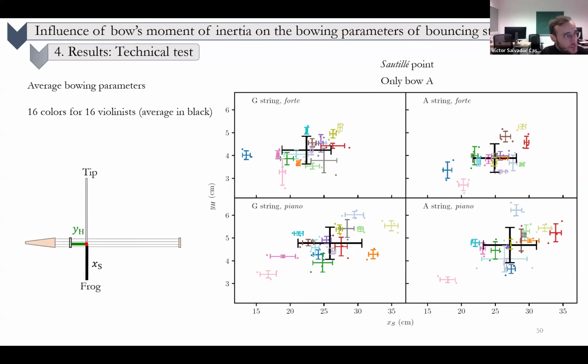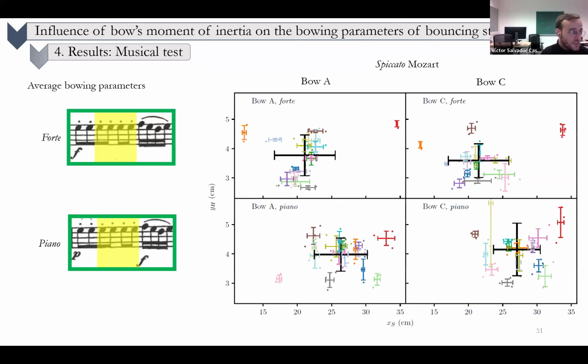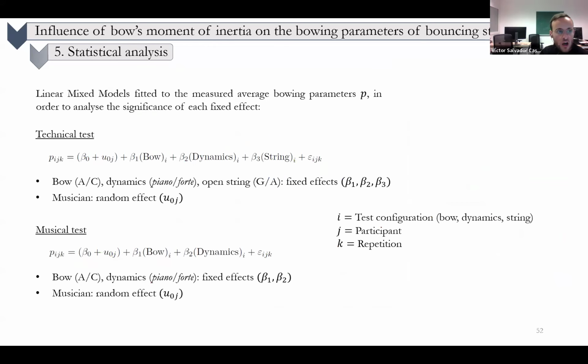We calculated this average, and we did the same in the case of the musical test. So here, this time in spiccato, we also calculated all the six bowing parameters, and since we have this amount of data, we are able to perform some statistical analysis of these bowing parameters.